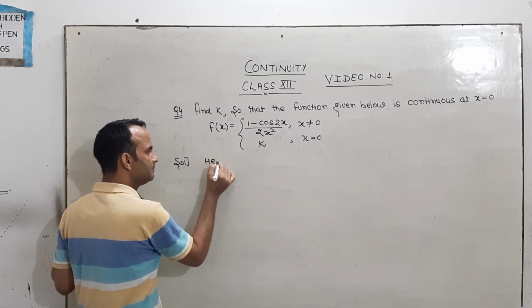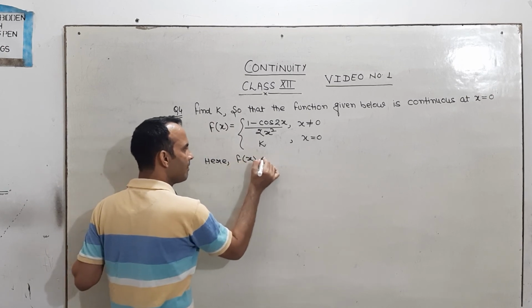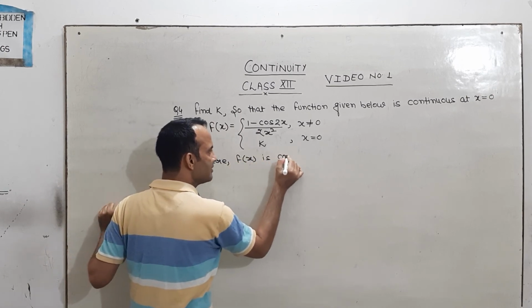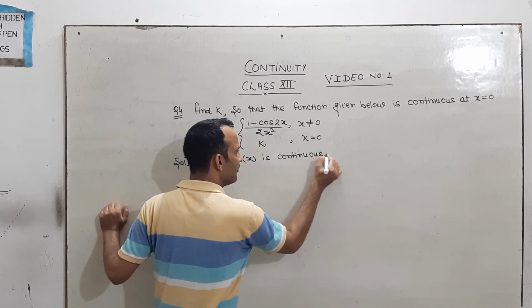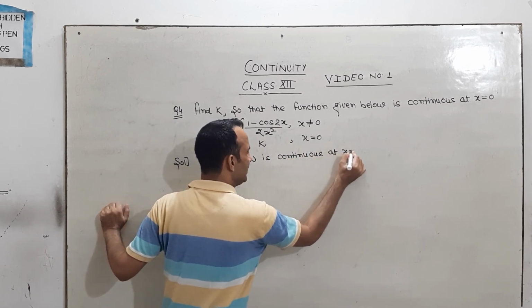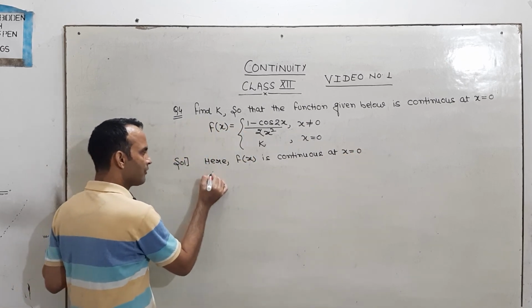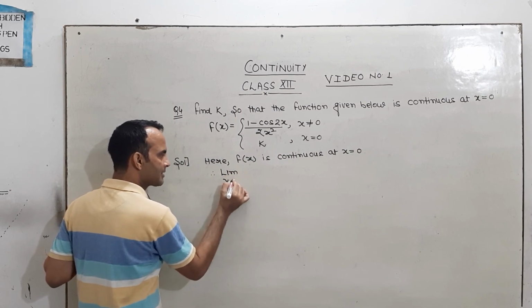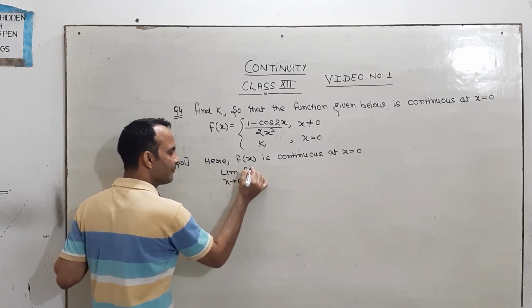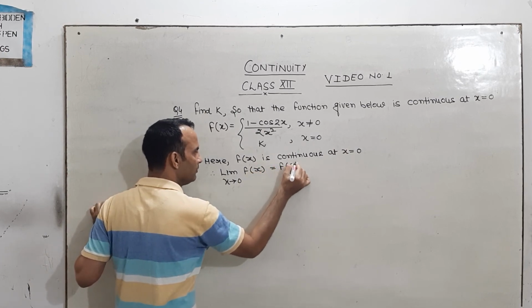Here f(x) is continuous at x is equal to 3. I am sorry, x is equal to 0. Therefore, limit x tends to a of f(x) is equal to f(a). a is what? 0.